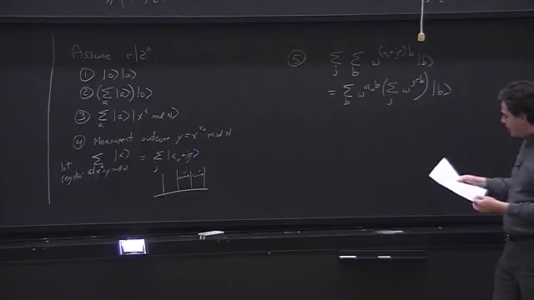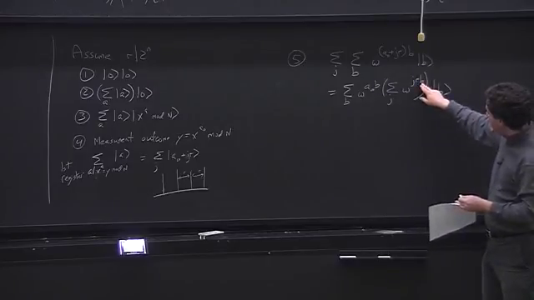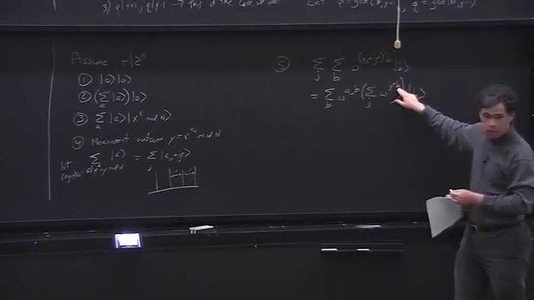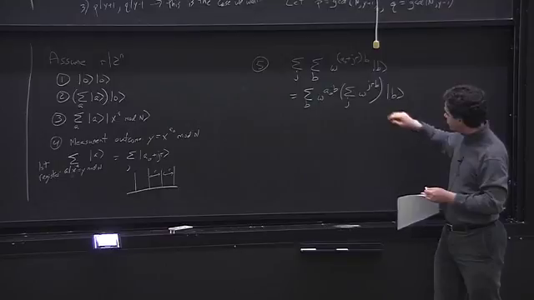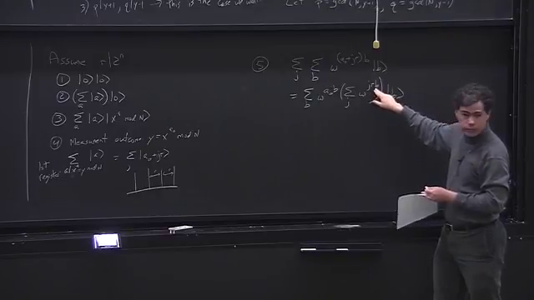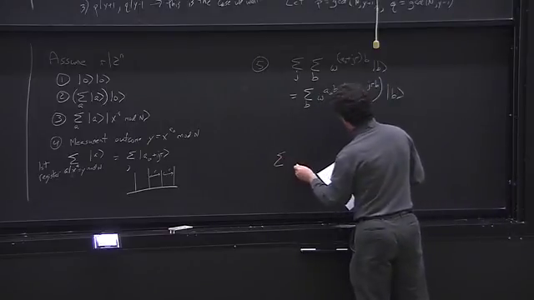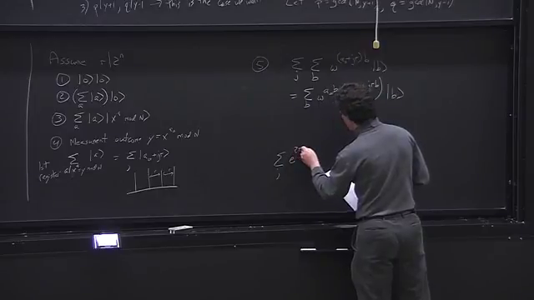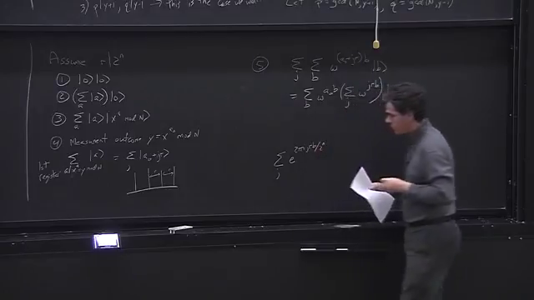So this is, remember, a 2 to the nth root of unity. So what we're taking here is the sum over e to the 2 pi i jrb over 2 to the n.